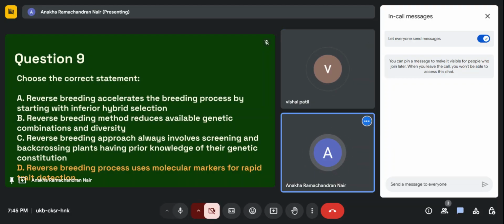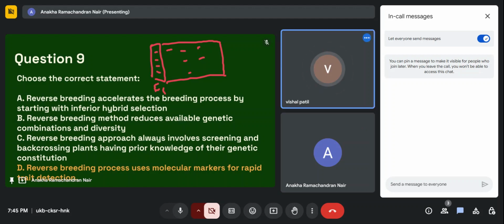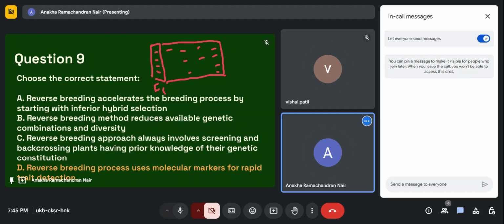You remember that one portion where sir was saying, if this is the genetic makeup of your F1 plant, okay, and you have gametes, right? And you see that you have gametes with these sort of traits, right?